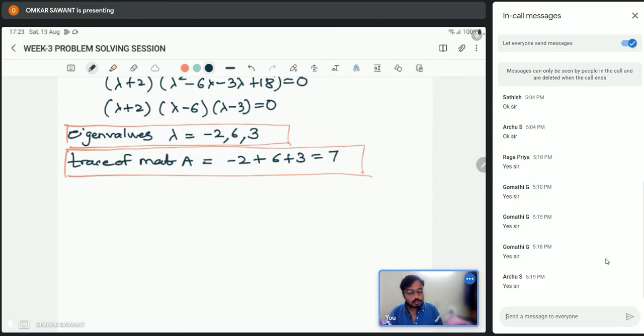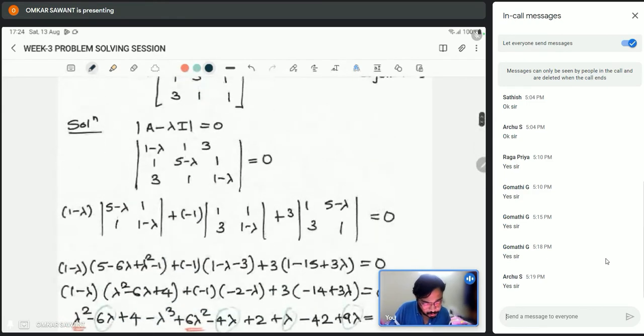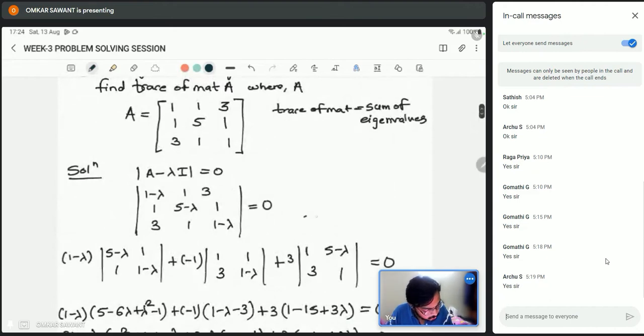Now we will find the corresponding eigenvectors of the eigenvalues. First, the eigenvector for lambda is equal to minus 2. So what do we do? We substitute lambda is equal to minus 2 in this equation 1, right?